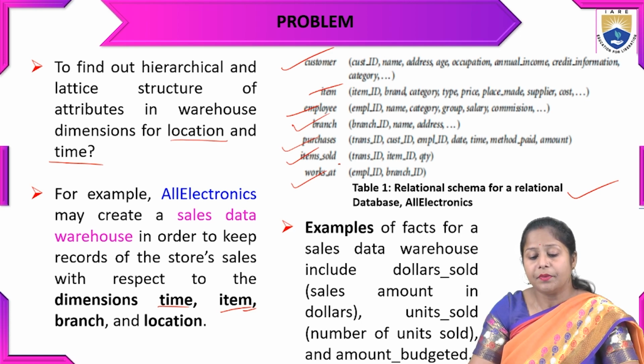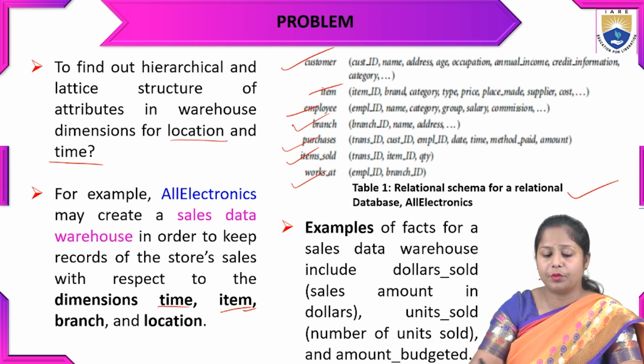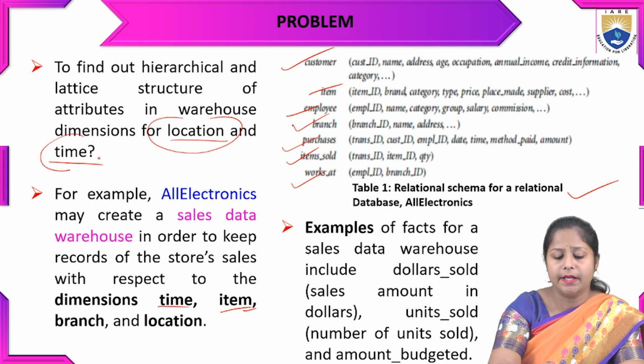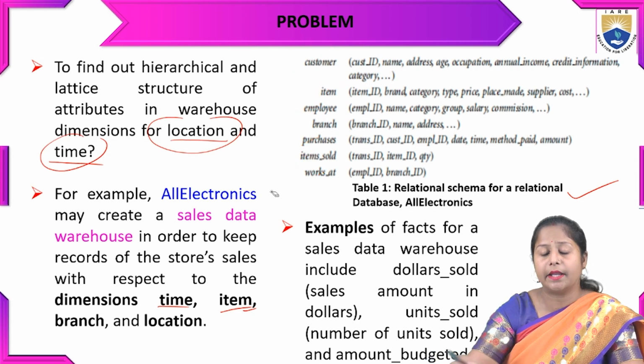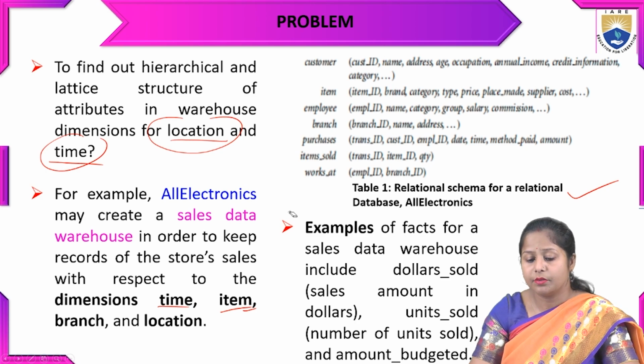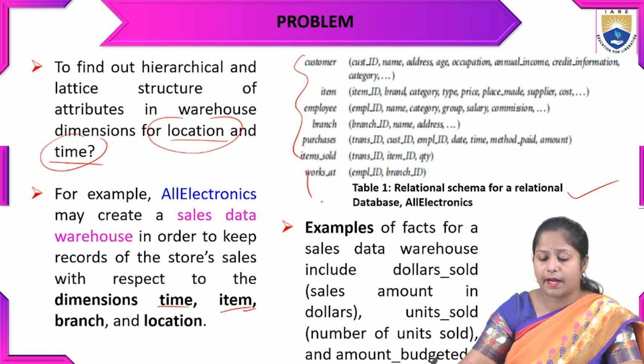So these are the 7 dimensions. In that we have to take the location as well as the time. Where is location? It can be in the other table. So these are the main dimensions.